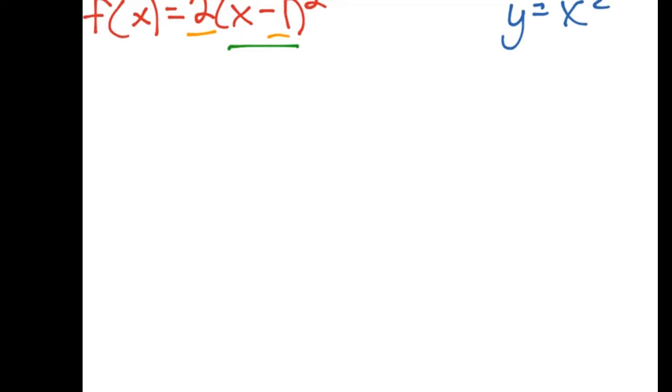So if we look at the x minus 1 first, the x-axis is left or right. Now, it tries to trick you. You would think, oh, x minus 1, hey, that's going to the left 1, where in fact, it's actually going right 1.